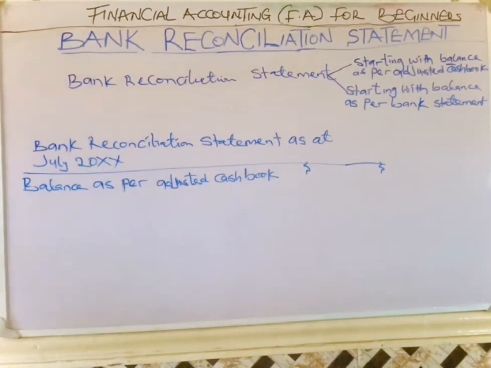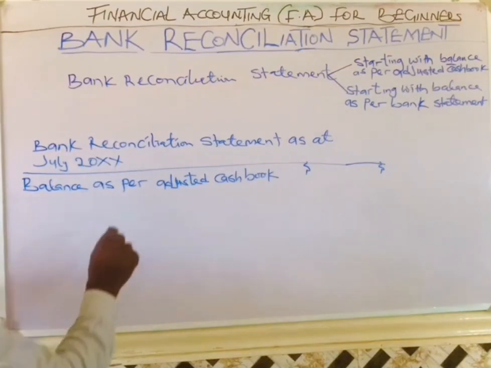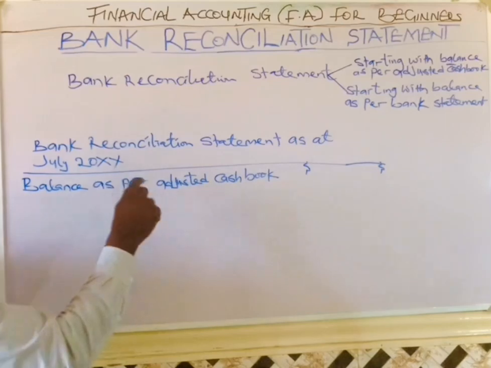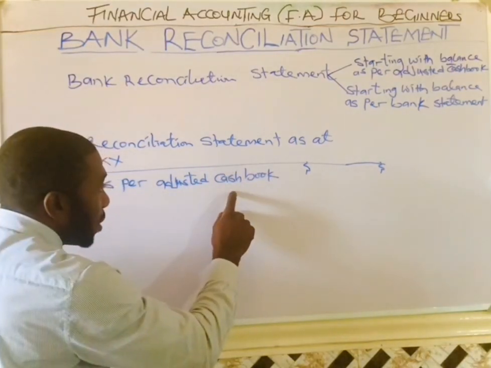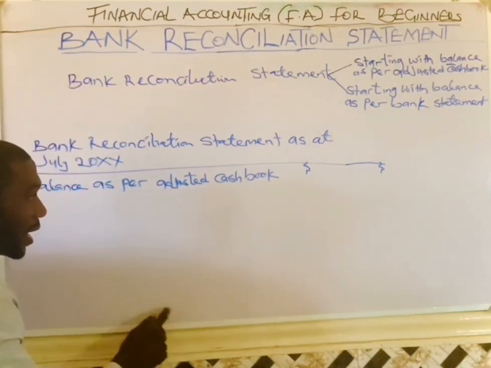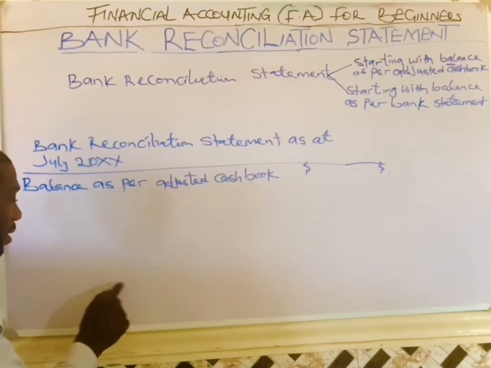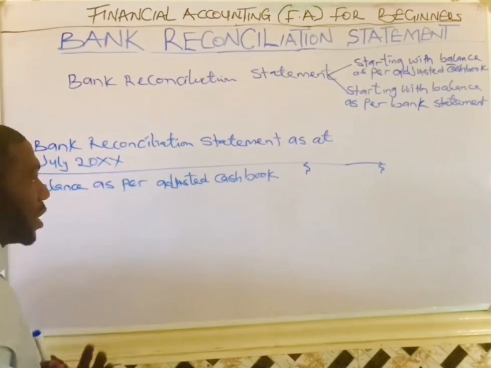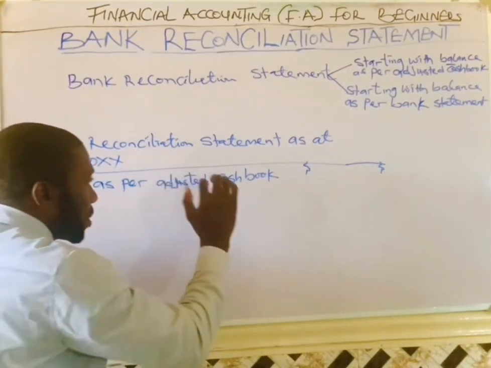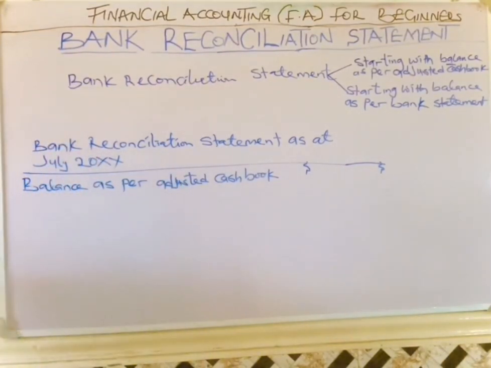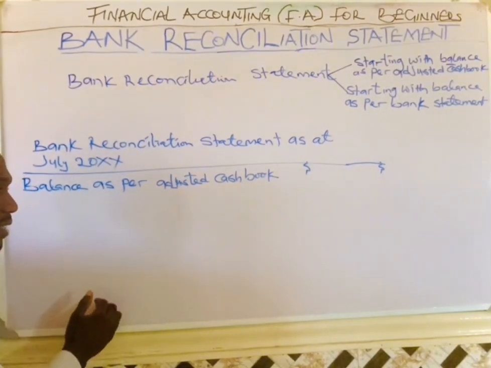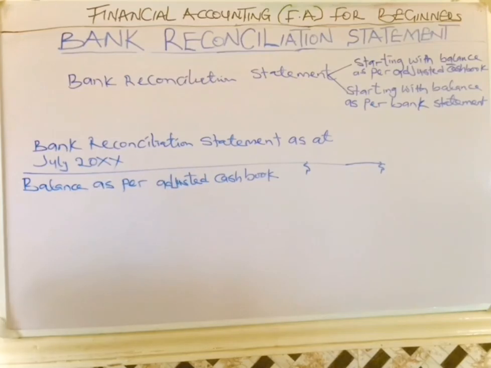So whatever we will be doing, it will be in the cash book. That is, we are reconciling our cash book to arrive at an agreed balance as per bank statement.